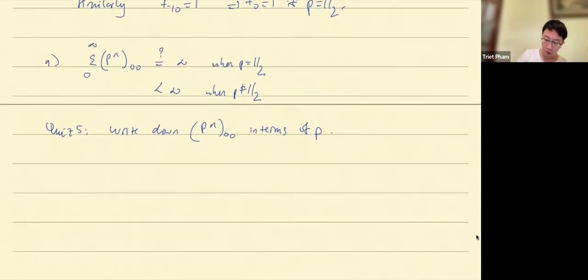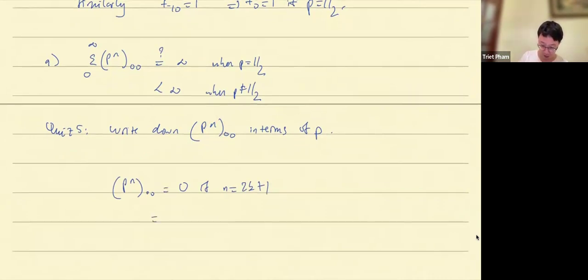The answer is, when can you return from 0 to 0 in n steps? You can't if n is odd. On the other hand, if n is even, say 2k, then intuitively, out of 2k steps, you take k steps to the right and k steps to the left.